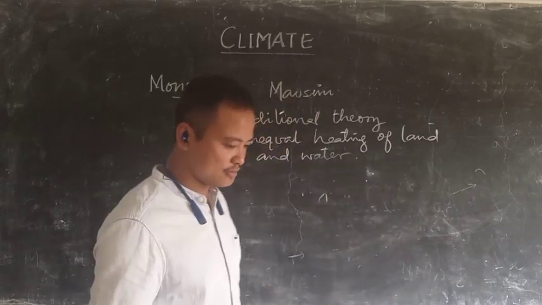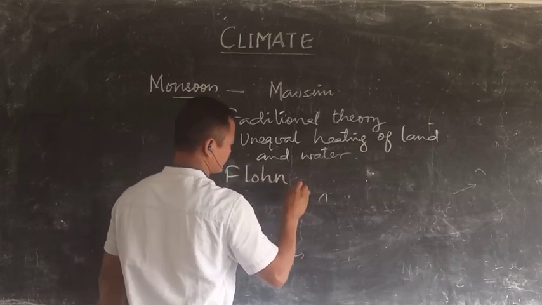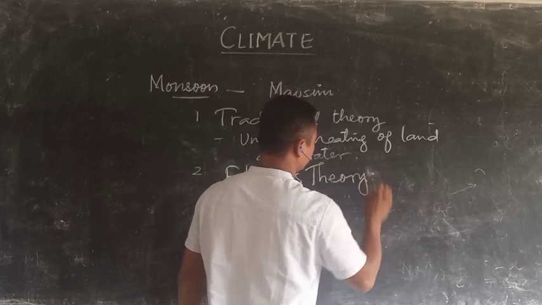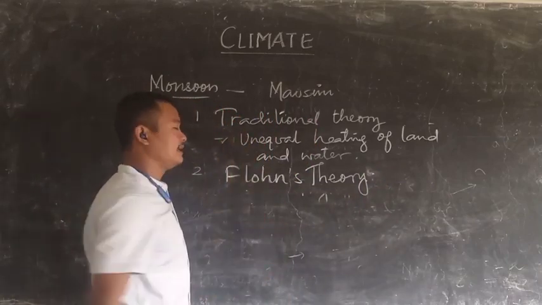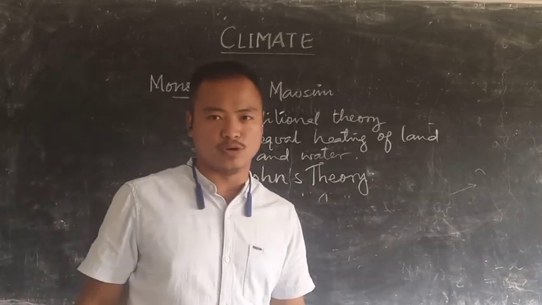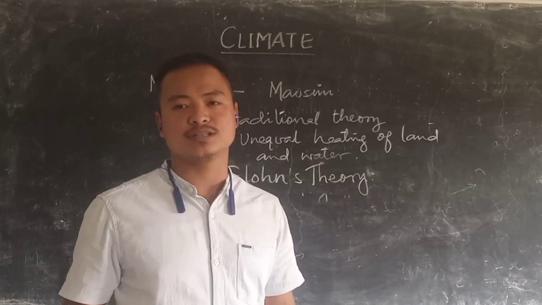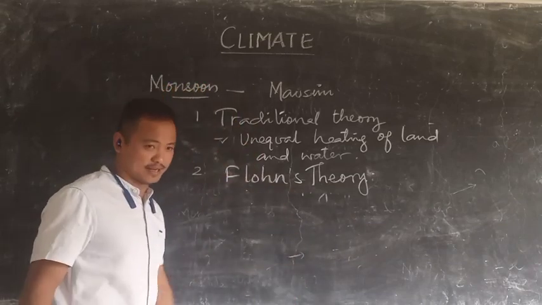So according to Flohn's theory, he accepted the fact that there is an unequal heating of land and water, but there is an additional force to cause such a huge amount of rainfall, and it is not only unequal heating of land and water.